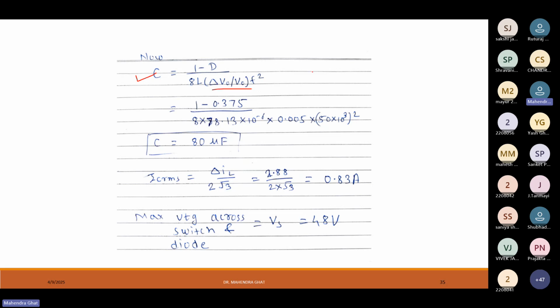This value is given as 0.5%, but we cannot put the percentage value. So 0.5% is nothing but equal to 0.005. And F is 50 kilohertz. If I put all these values, I will get the capacitance equal to 80 microfarad.